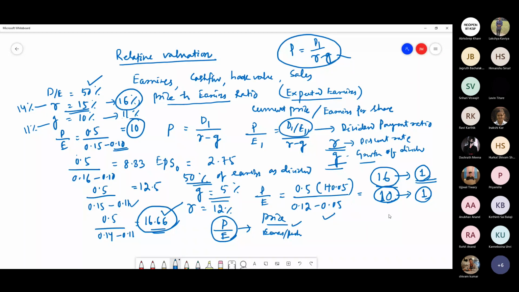So in this case, what we are trying to say is that if you are comparing two different stocks, we check the price earning ratios of these two stocks. Whichever stock's price earning ratio is relatively low, we consider that stock undervalued.